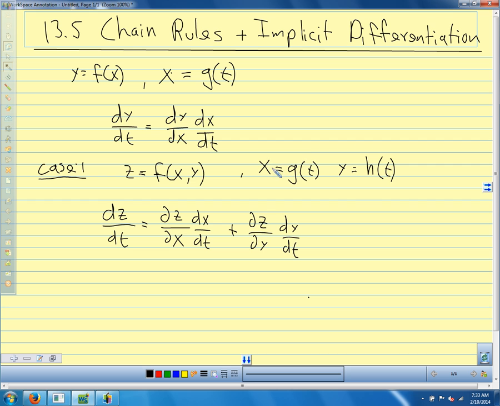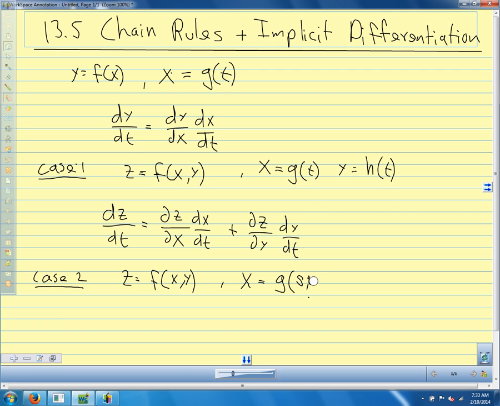So basically just an expansion of this. Case 2 is when x and y are both functions of several other variables. So our case 2 chain rule is when z is a function of x and y, and x is a function of two other variables, g of s and t, and y is a function of s and t also.